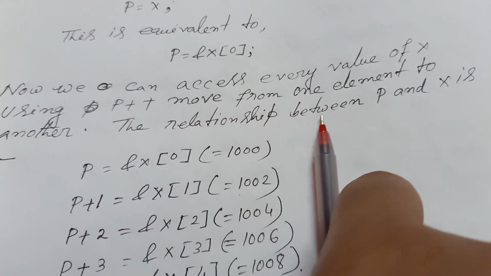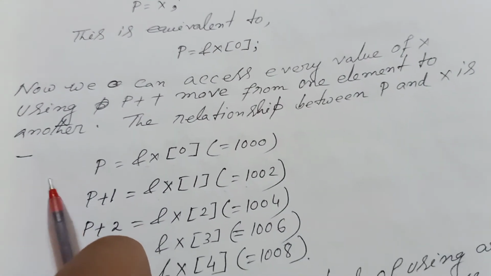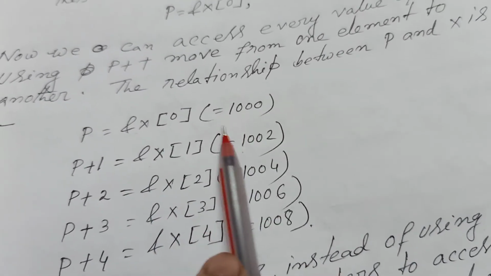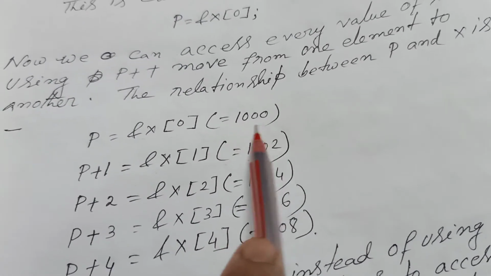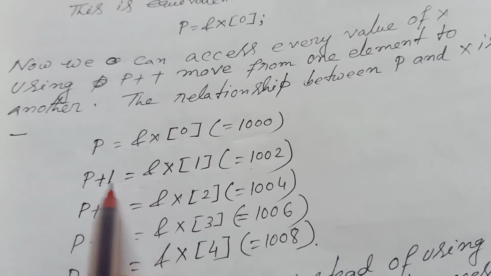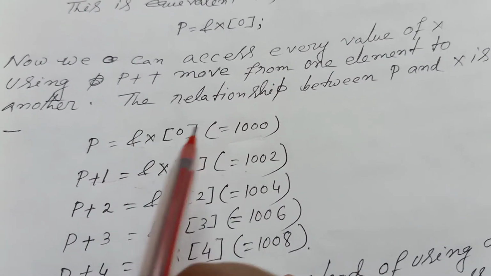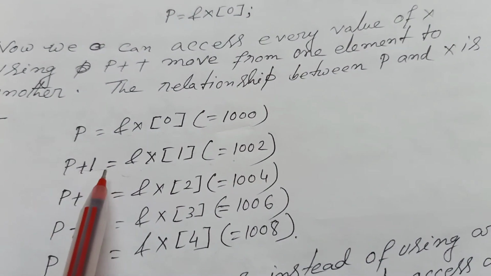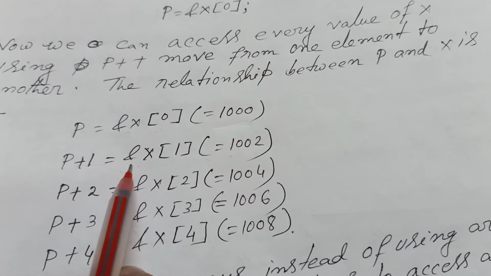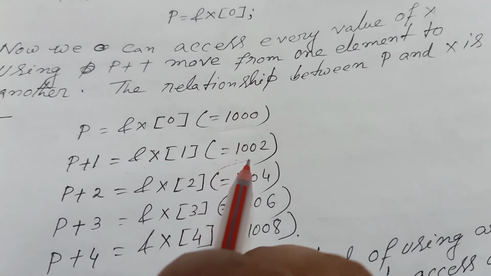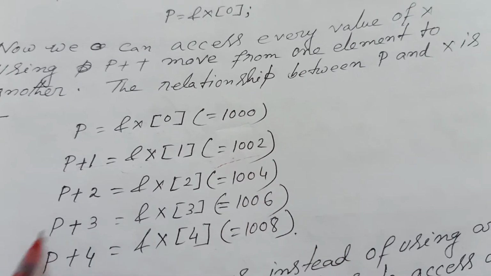The relationship between p and x is like this: p equal to &x[0], which contains the address value 1000. Okay, then p plus plus, that means it's incremented. So p plus 1 equal to &x[1], which contains the address value 1002.